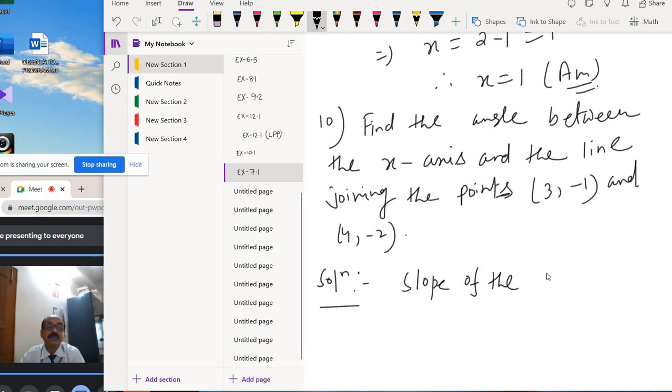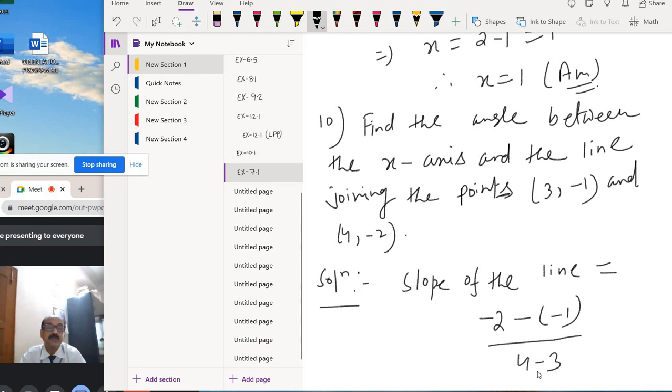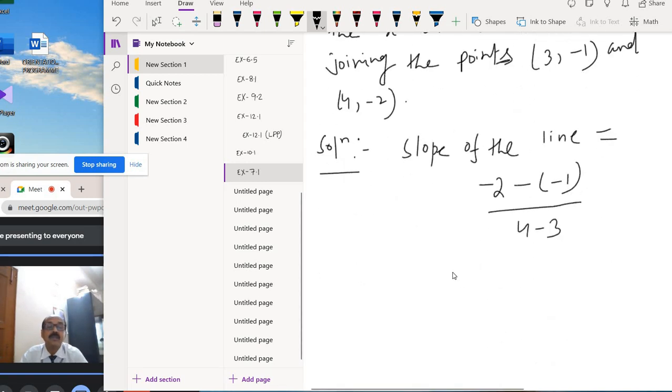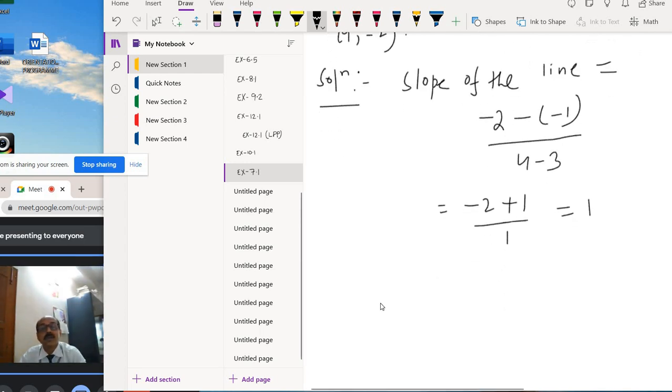Slope of the line equals minus 2 minus 1 by 4 minus 3, which is minus 2 plus 1 by 1, equal to minus 1.